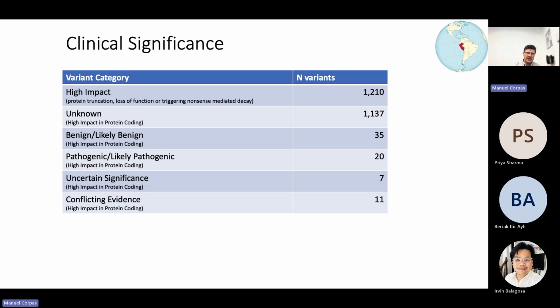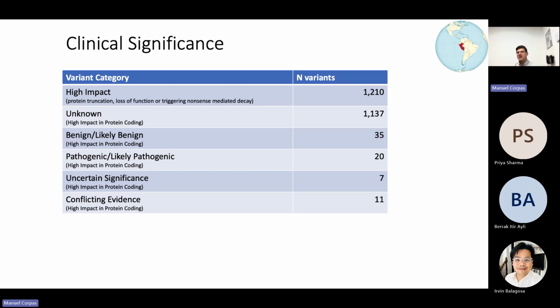So basically, the point of these high impact mutations is that for the vast majority, we have no idea what their function is. So we are able to predict that they are pathogenic based on our existing knowledge, but also based on our existing knowledge, since many of these variants have never been seen before, or we just don't have enough of a body of data, the vast majority, we have no idea what they do.